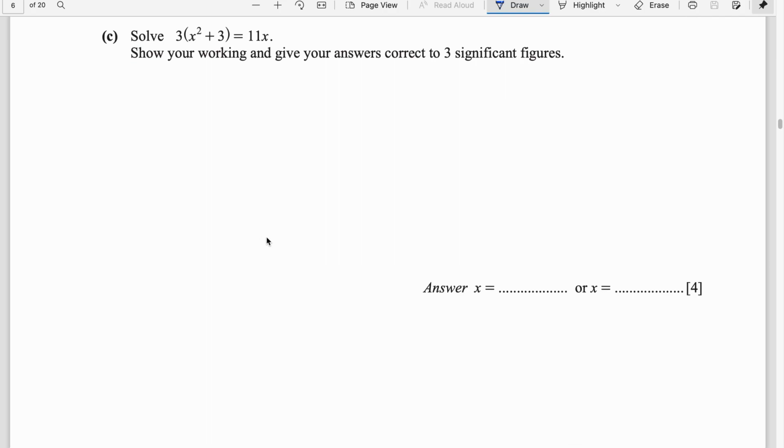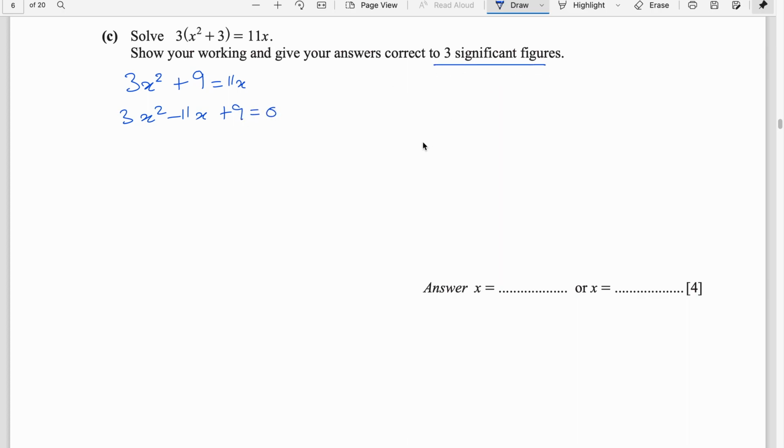C part. Solve 3(x squared plus 3) equals 11x, showing your working, and give your answers to 3 significant figures. 3x squared plus 9 equals 11x. 3x squared minus 11x plus 9 equals 0.